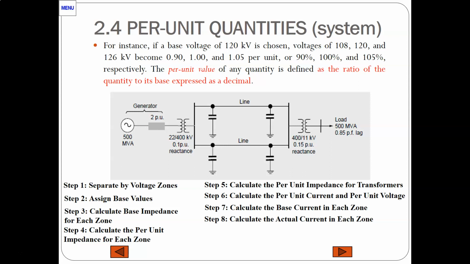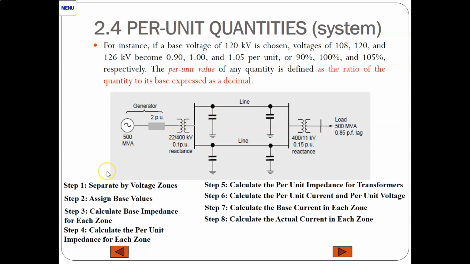Here you can see a small system, with a generator on the left-hand side, a step-up transformer, and then two parallel lines transferring power to the load side, with also a transformer here. Typically when you analyze a small system like this, you divide it into zones.